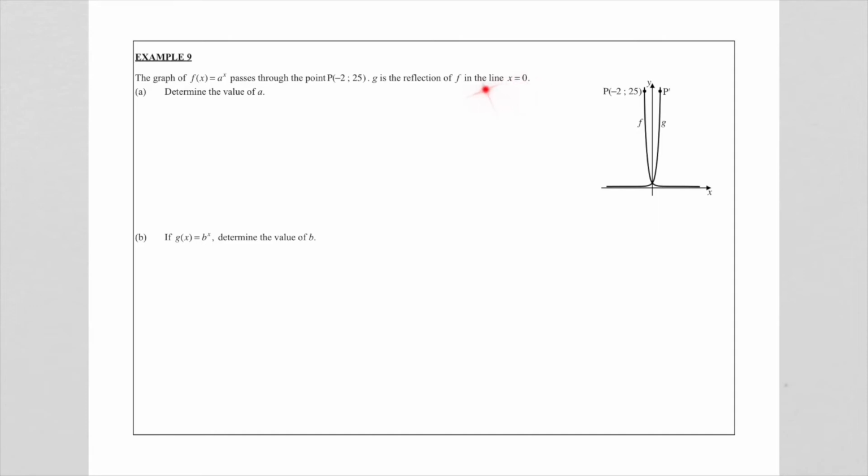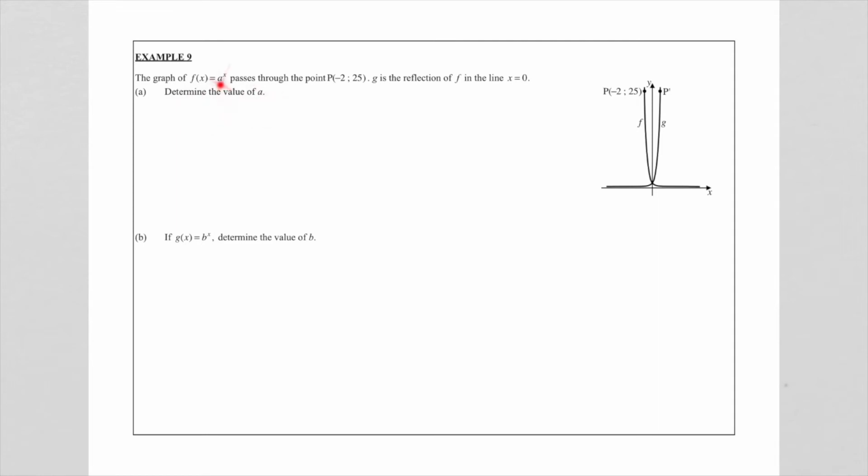Now the line x equal to 0, you will hopefully agree with me if we look at the drawing, is the vertical line that cuts the x-axis at 0, and we also refer to it as the y-axis. So this reflection is in the y-axis.